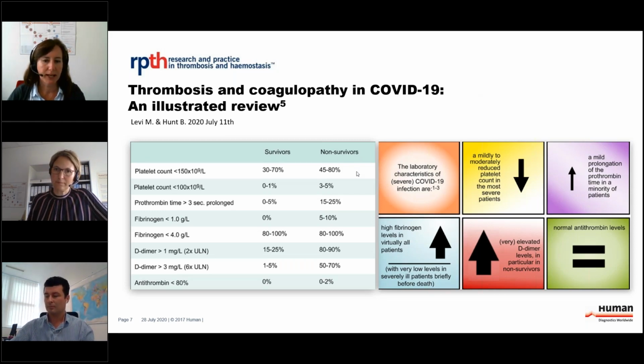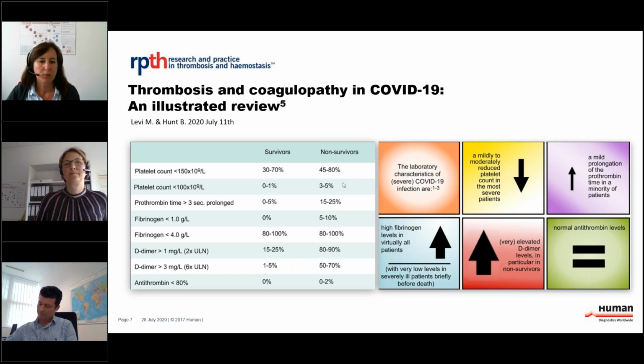So in a nutshell, the platelet count is mildly to moderately decreased, especially in non-survivors. But mostly it remains over 100. The prothrombin time is slightly prolonged in a minority of patients, especially in the non-survivors group.